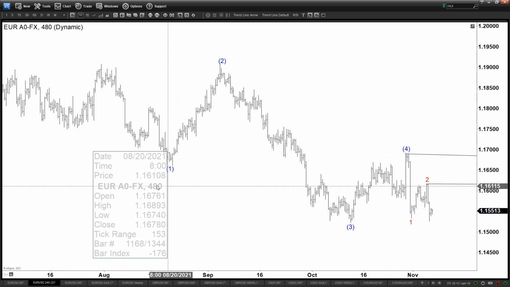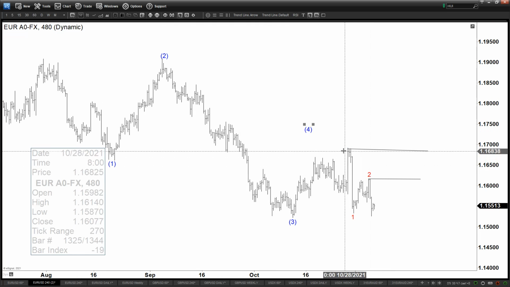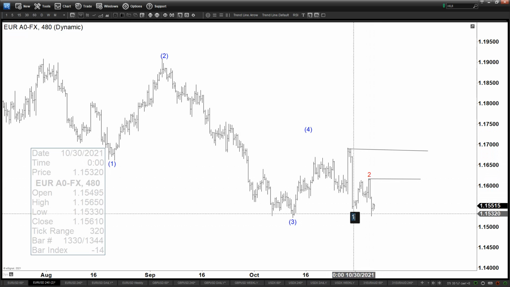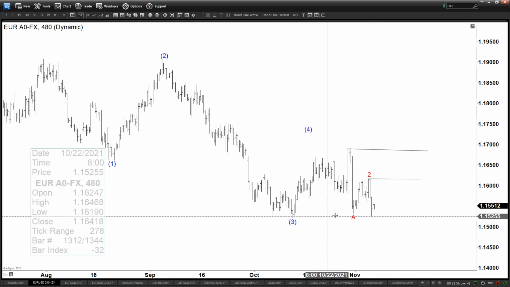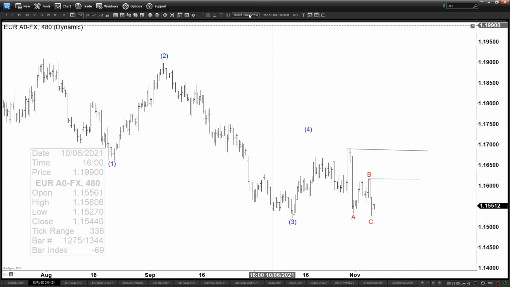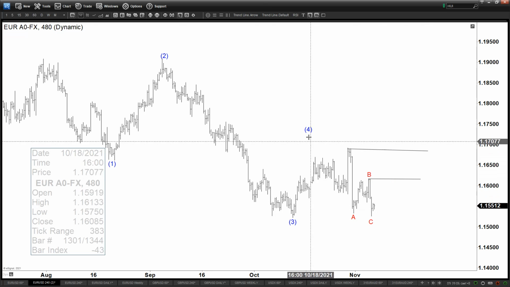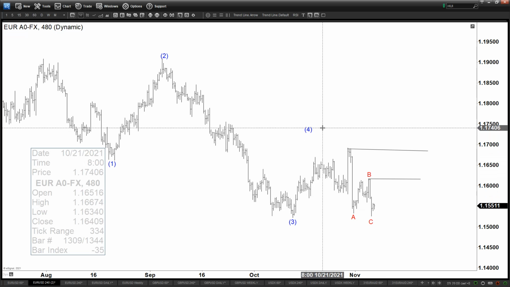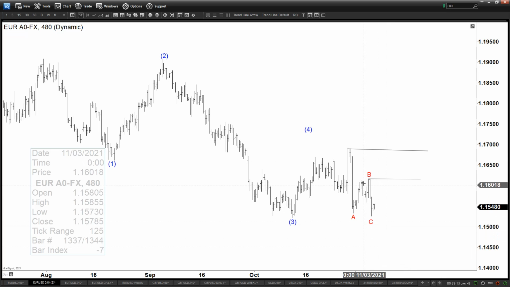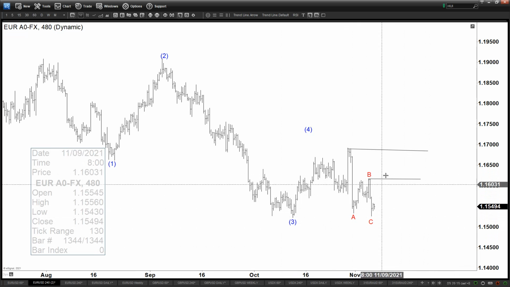For example, let's say this is not a 1, 2, 3, but an ABC with a truncated C. This could be just a simple ABC and a double bottom here, and then going higher like this, reversing to the upside. That would be the alternate. It is not the primary view, but it is the alternate in case it doesn't extend on the downside.